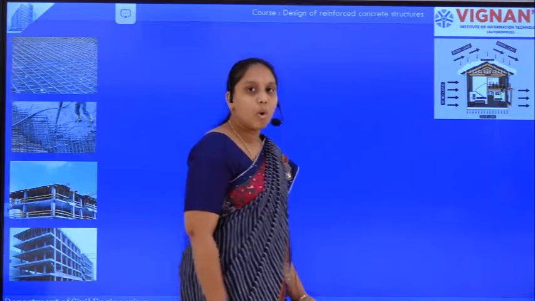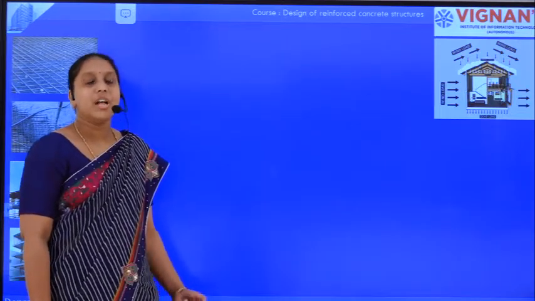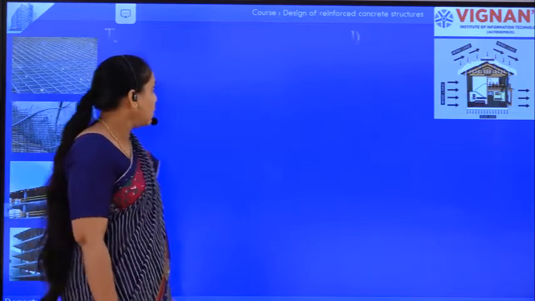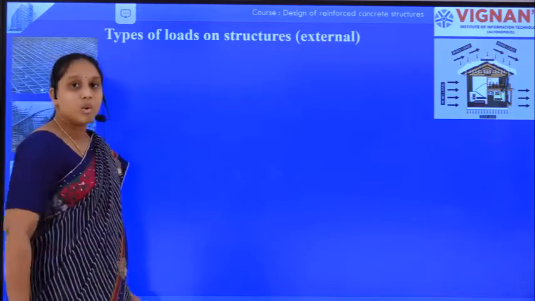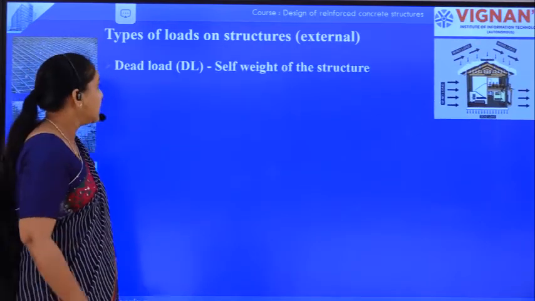So these are all the loads which are acting on the structure externally.